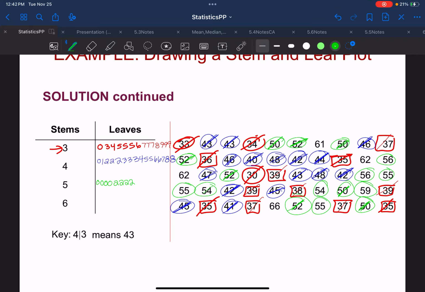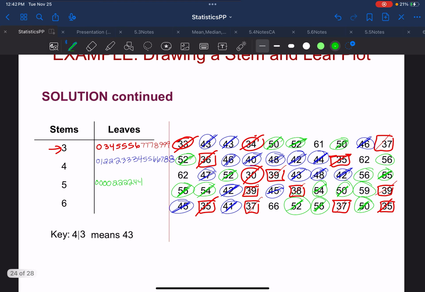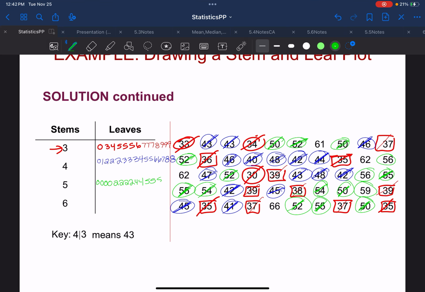And then 1, 2 54s. And 1, 2, 3 55s. 2 56s. And 1 59.